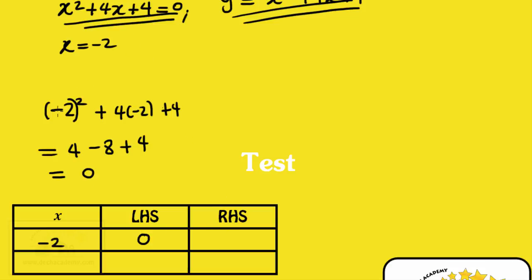What's the right hand side when x is minus 2? Well, the right hand side of the equation is just 0. So the left hand side and right hand side match, which means that x is equal to minus 2 is a solution to this equation.